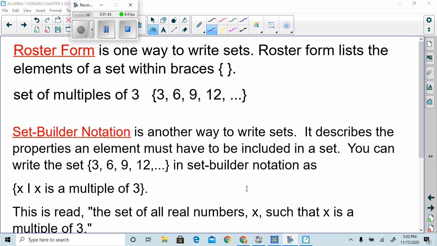The set of all real numbers x such that x is a multiple of 3. So again, it describes the limits or the parameters of what elements could be part of this set. Again, the set of all real numbers x such that x is a multiple of 3.